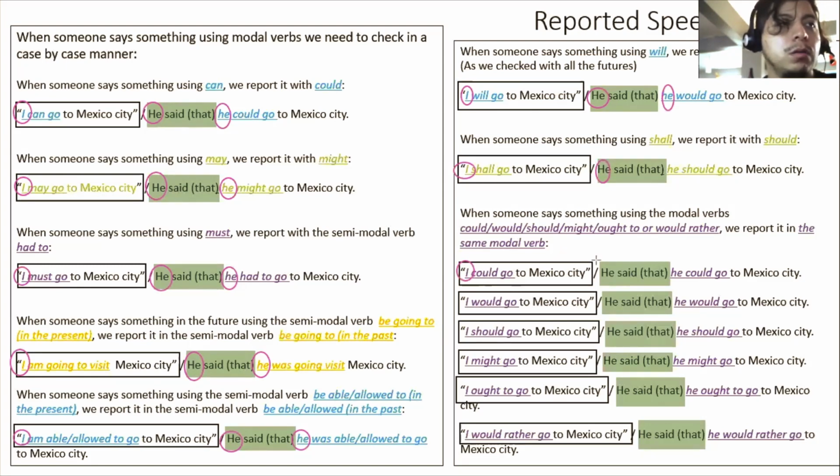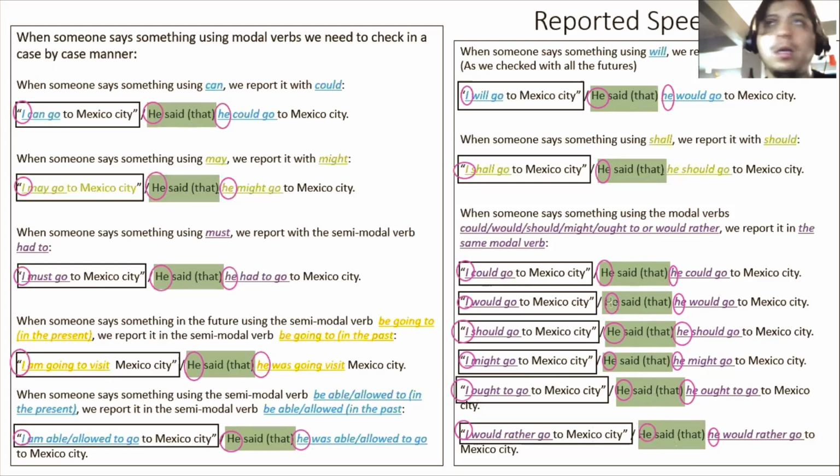I could go, he said, he. I will go, he said, he. I should go, he said, he. I might go, he said, he. I ought to go, he said, he. I'd rather go, he said, he.